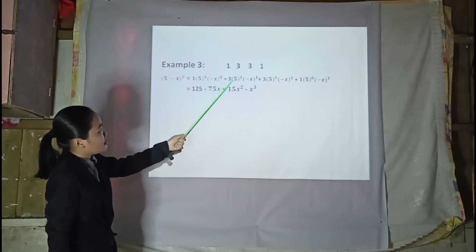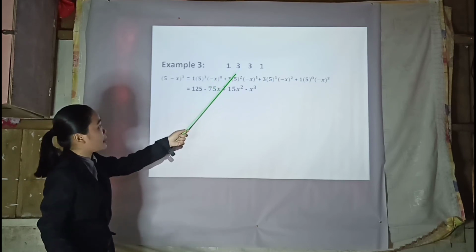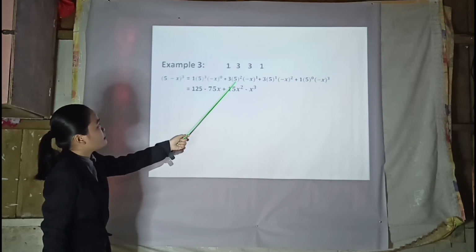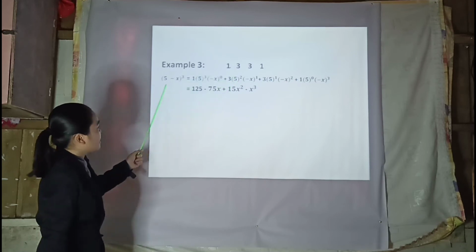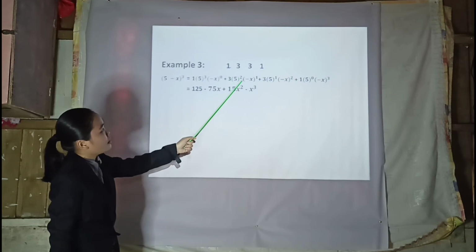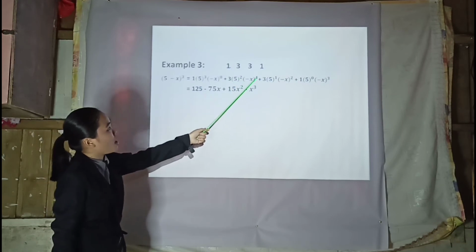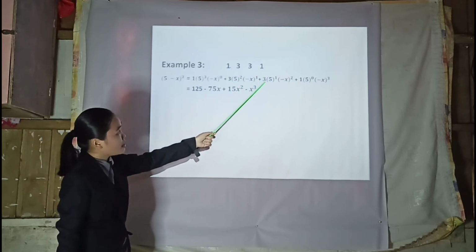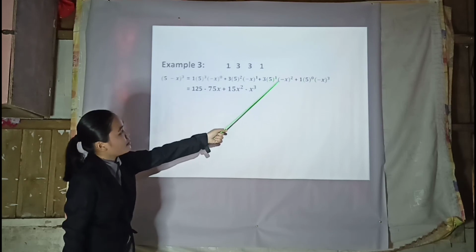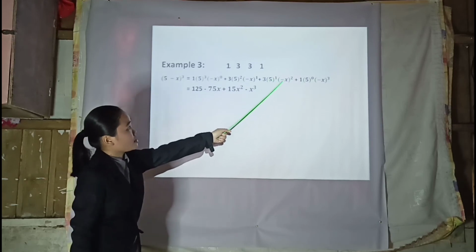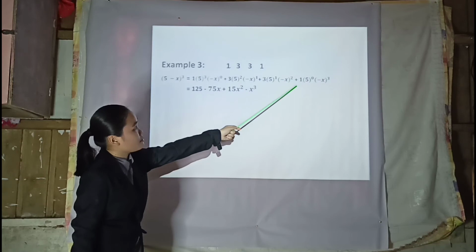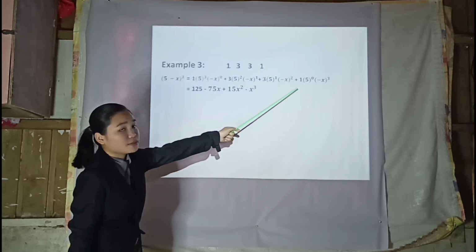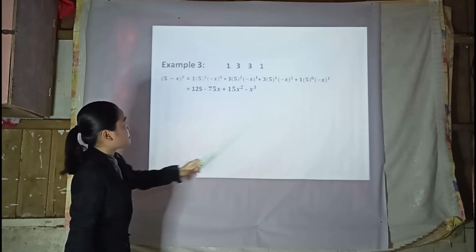Plus 3, which is our coefficient from Pascal's triangle, times 5 squared, which is our a, times negative x raised to 1, plus 3 times 5 raised to 1, times negative x squared, plus 1 times 5 raised to 0, times negative x cubed.